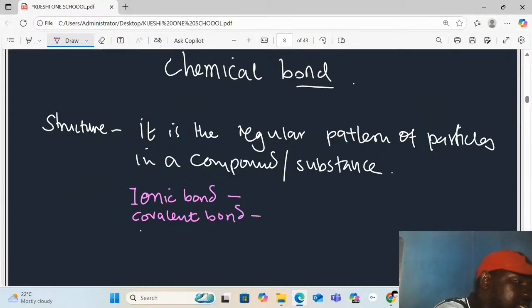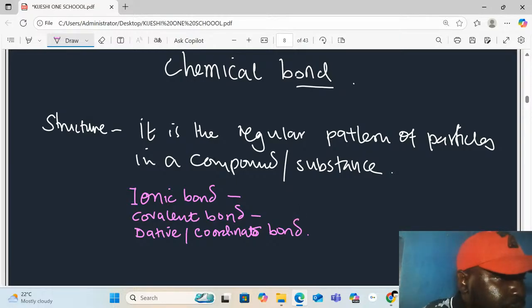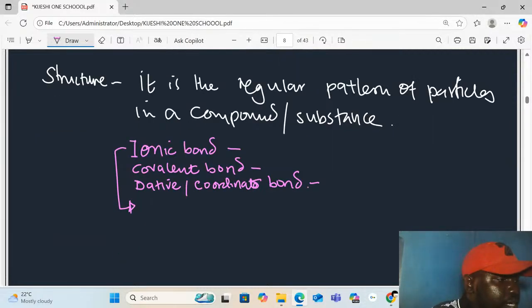We have dative, also called coordinate bonds. But basically, we can start with the ionic bond.